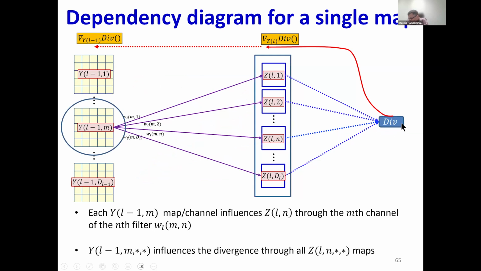If I want to compute the derivative of the divergence with respect to this guy, how does the fact that this one influences all of the output affine maps affect our derivative? Anybody? How would it affect it? Anyone? So, does nobody want to respond?